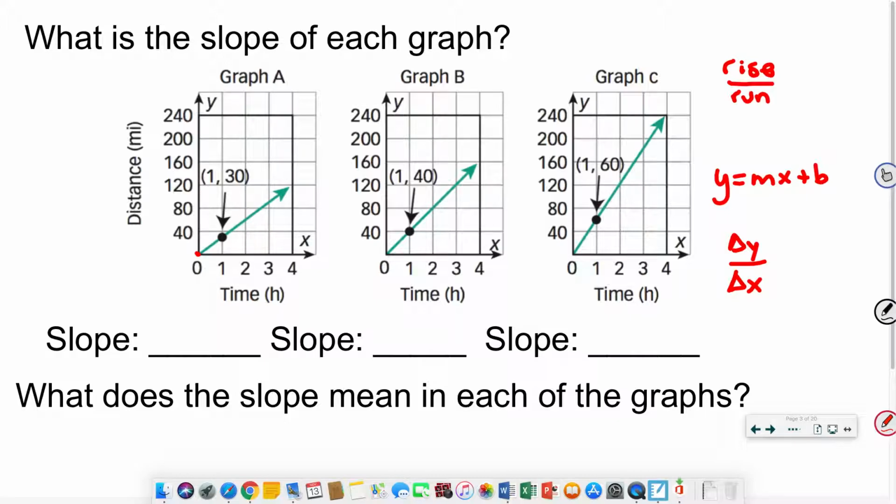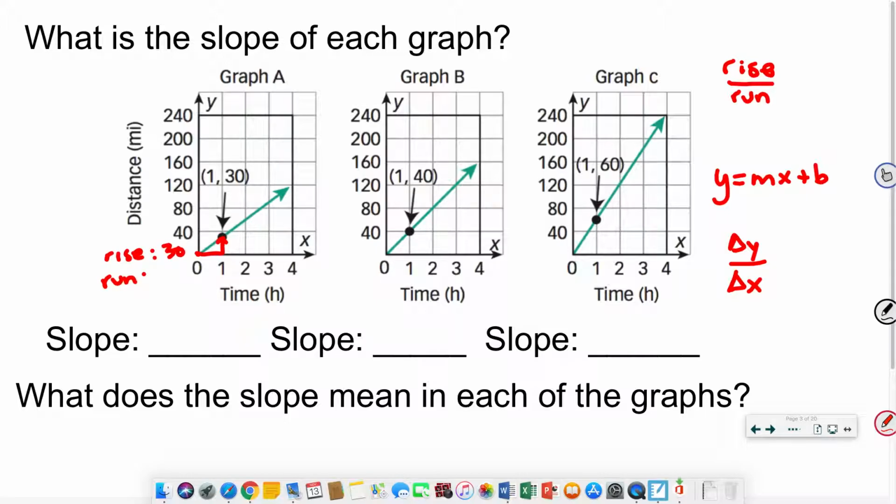How would we identify our slope? Because when we go from 0, we go over 1, but then we go up 30. Okay, so our rise would be 30 and our run is 1.